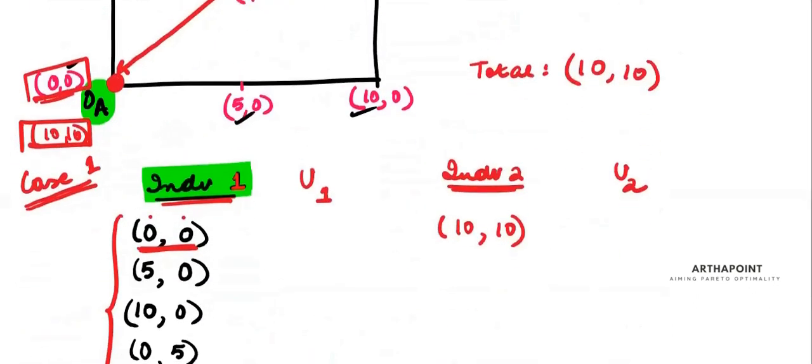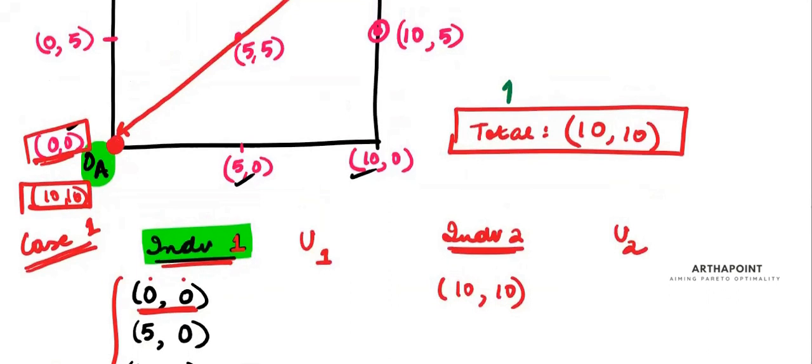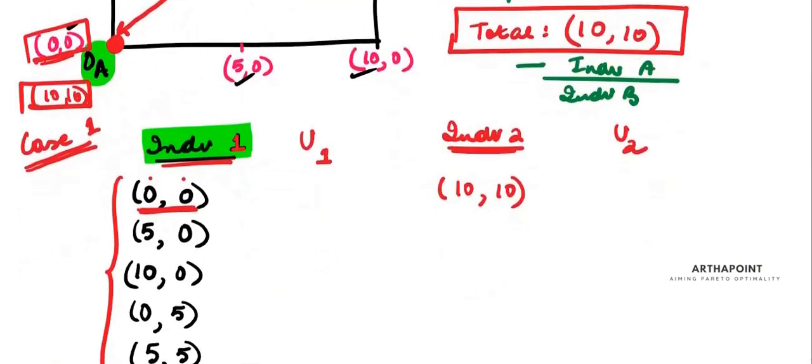So what am I doing? I am looking at the total amount available in the market, which I found by adding the endowment of the two individuals, out of which I am subtracting what individual A has to understand what is left for individual B. Let's do this process further. So total is 10, 10.